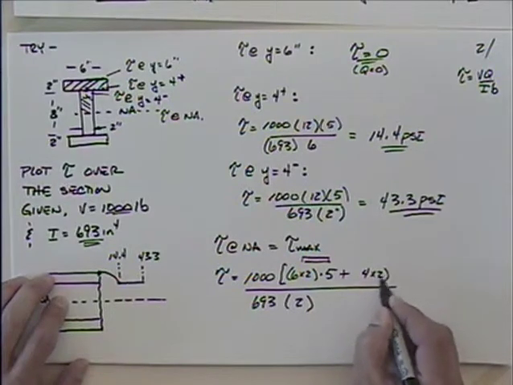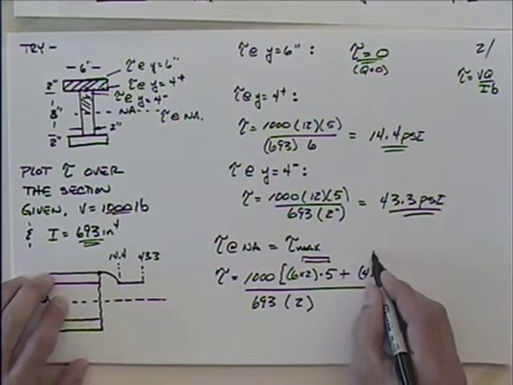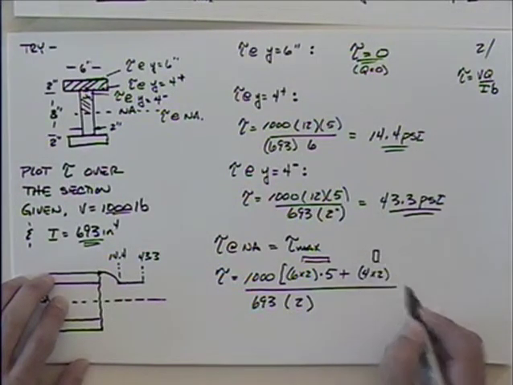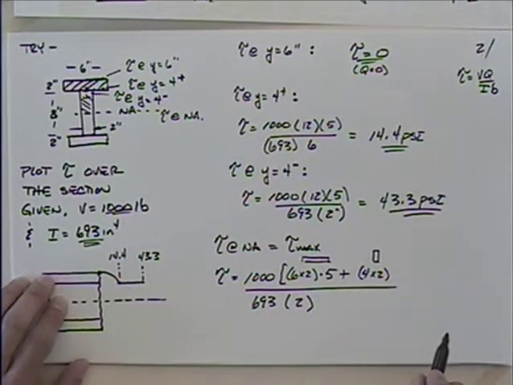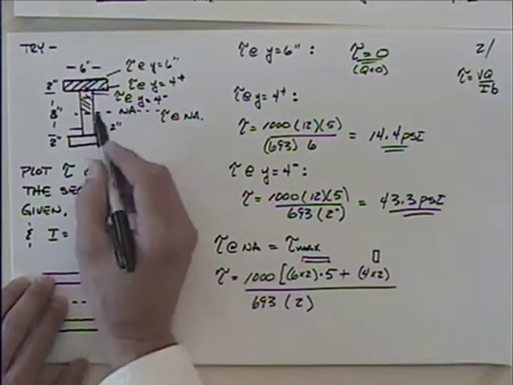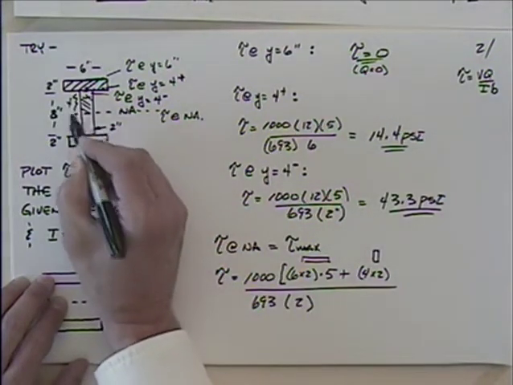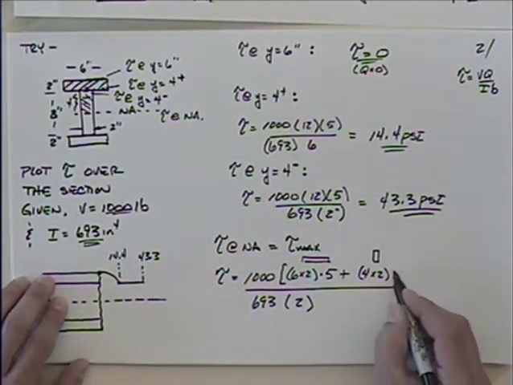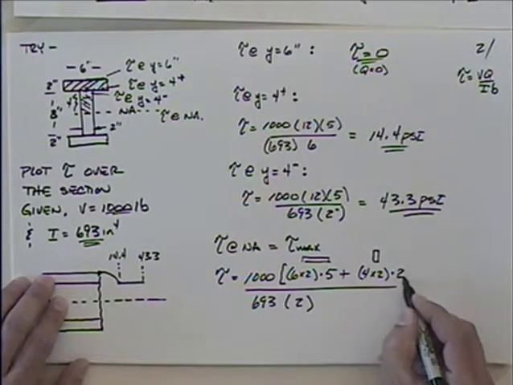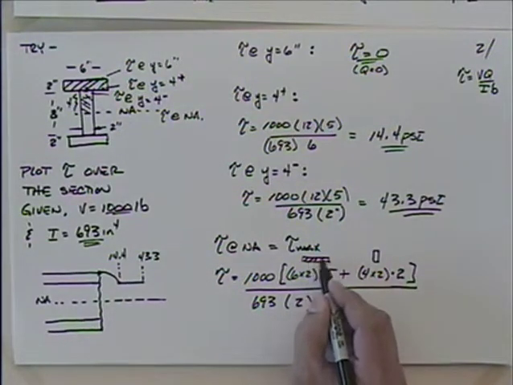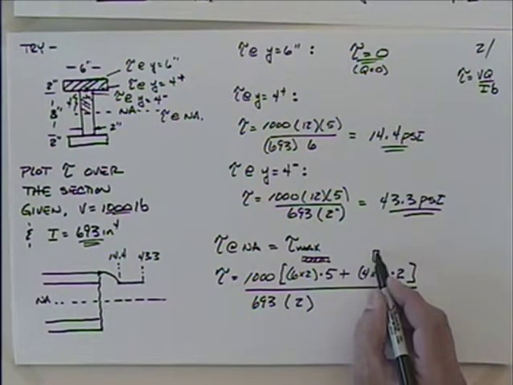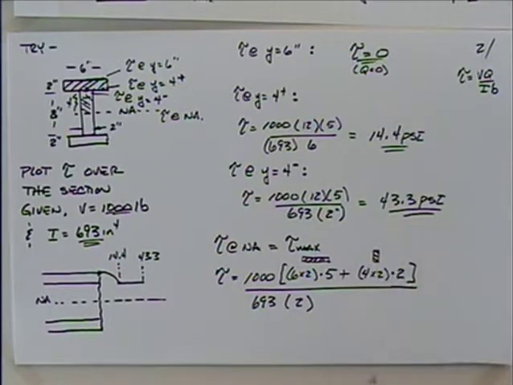So that's for that piece. And the distance to its centroid is going to be what? 4? No, let's see, this total is 4 there, so half of that would be 2, wouldn't it? Okay. So you see where that Q comes from? I just have to put those two pieces together. I had that top flange, and then this is the piece of the web.